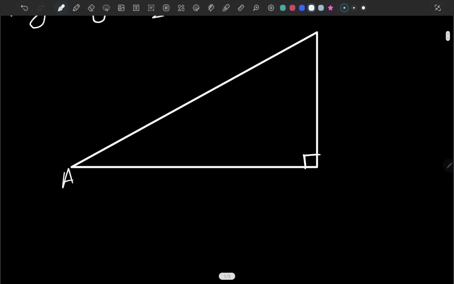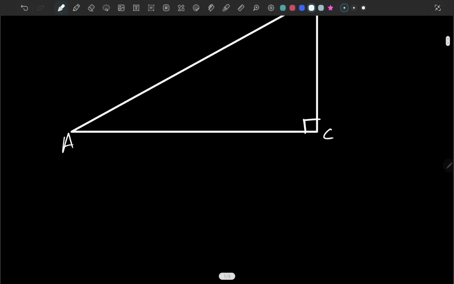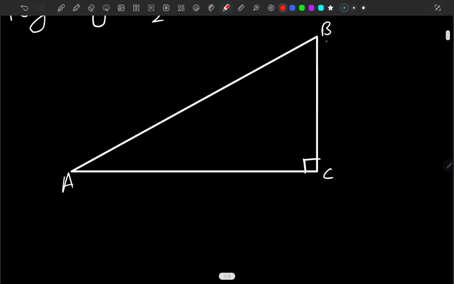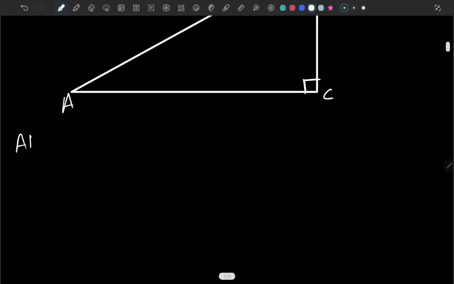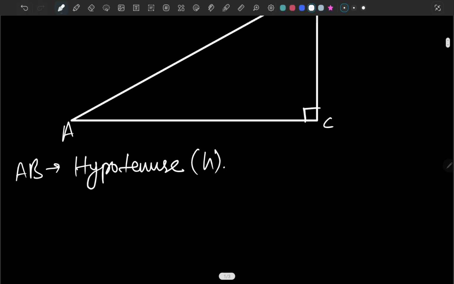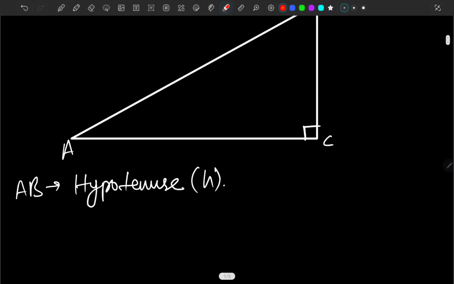So firstly, let's name them. Let me take this as a triangle ABC, right? In a right angle triangle, this biggest side, this one AB, is known as the hypotenuse, right? And we would be representing that side with H. And if we consider this side, that is AC, it is called the base. Why is it called the base?